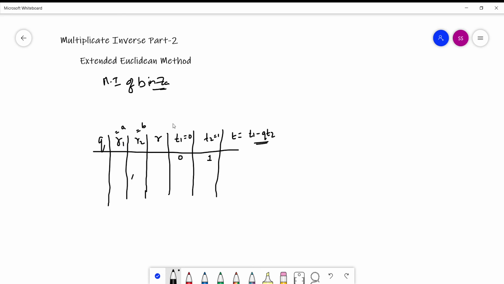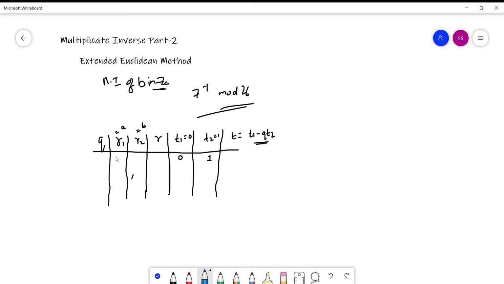Let's see an example to see how this method works. Let's say I have to find 7 inverse mod 26. As per this method, I will fill this table.